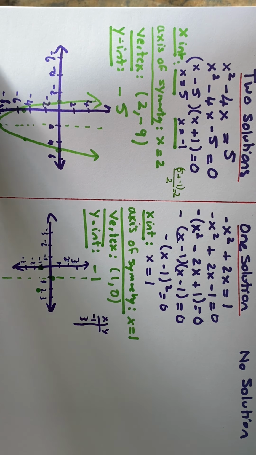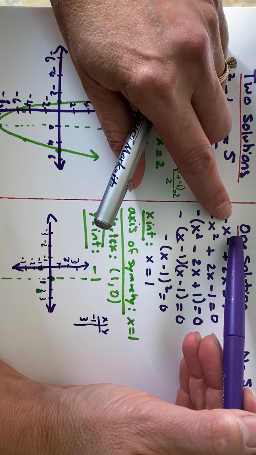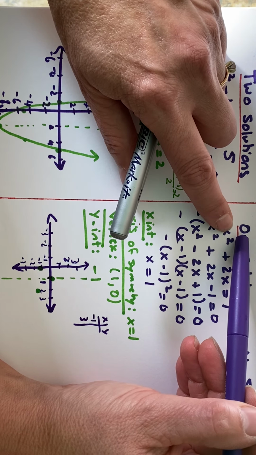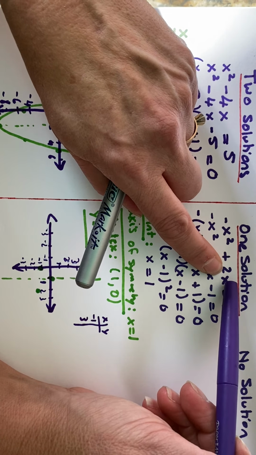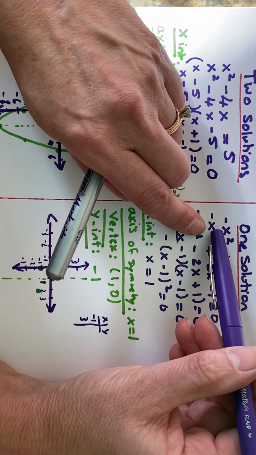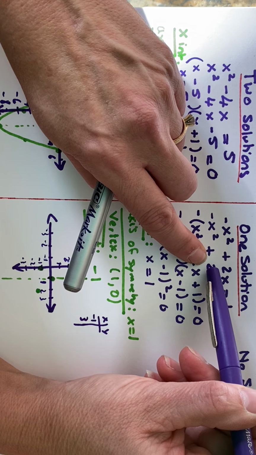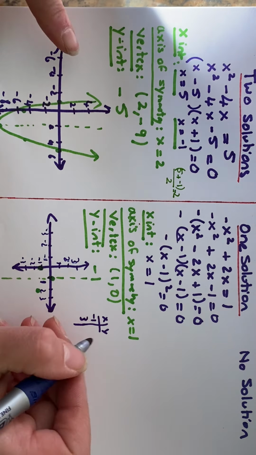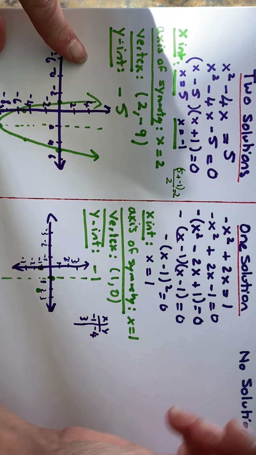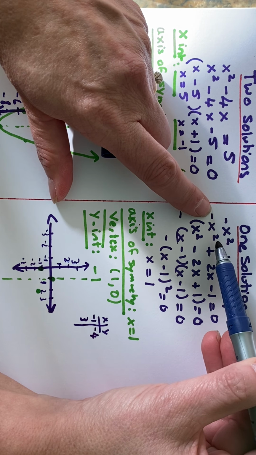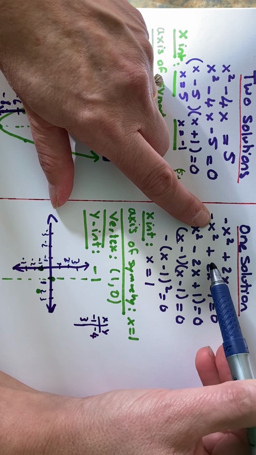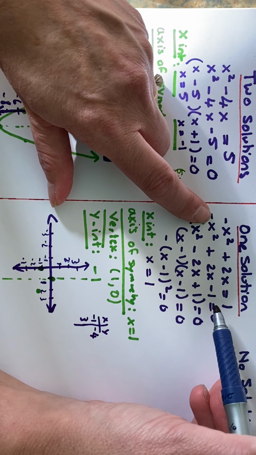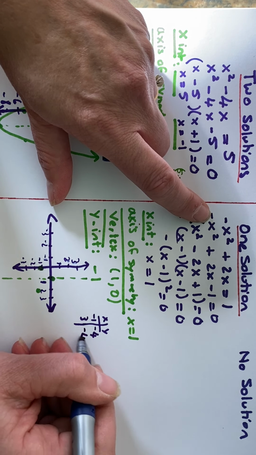Well, if I plug in -1, I have -1 squared, which is 1, so this -1, plus 2 times -1, so -1 plus -2 is -3, minus 1, I'll get -4. If I plug 3 in, 3 squared is 9, it's a -9, plus 2 times 3 is 6, -9 plus 6 is -3, minus 1 is -4.